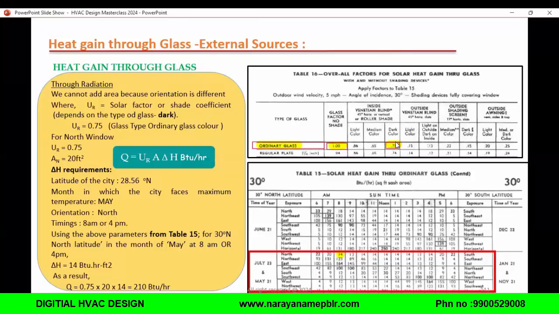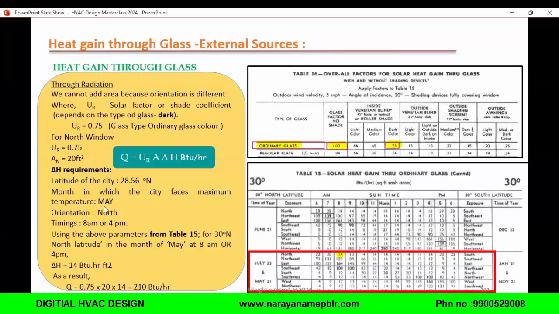If you choose dark color, the value is 0.75, and this table is from Carrier. For north, U value you know, area you know. Area of the north is mentioned here for the glass, 5 by 4, 20, right?